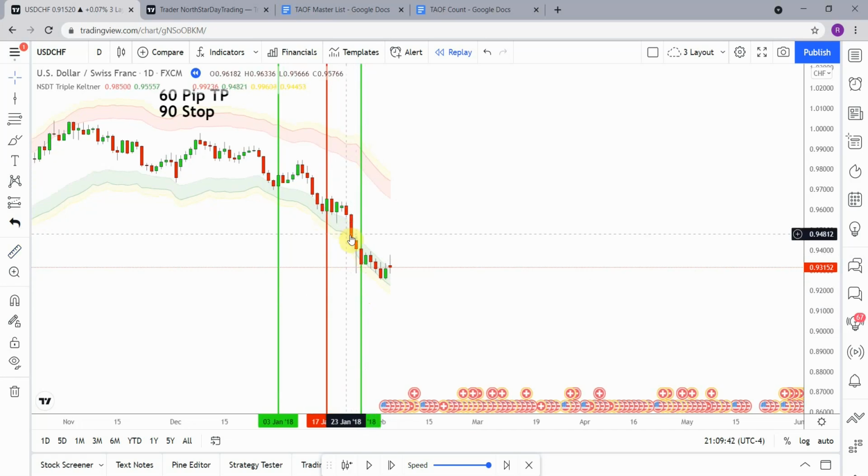All right, so we stayed within our stop and we were able to get to take profit. Let's go ahead and continue on.